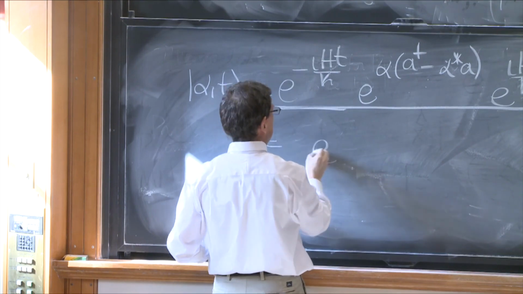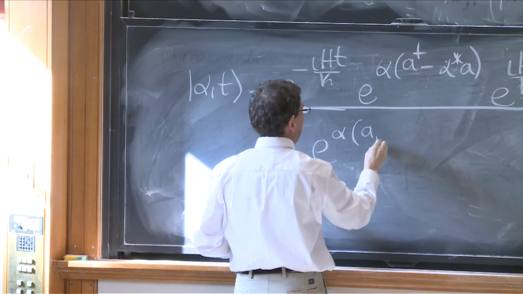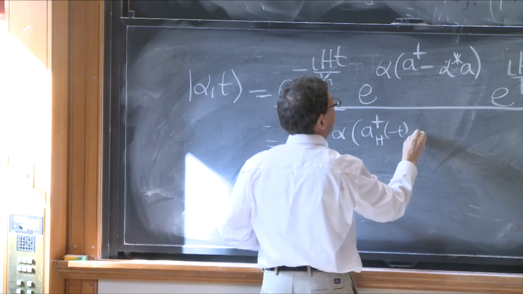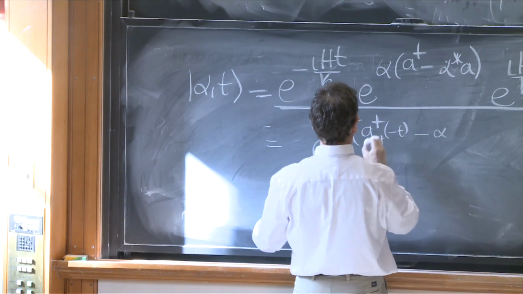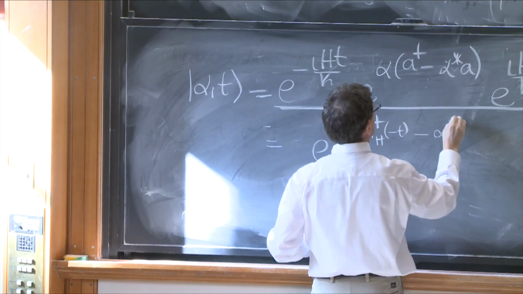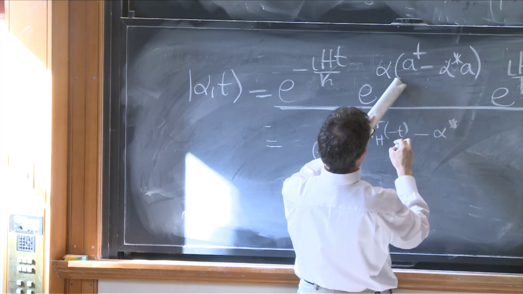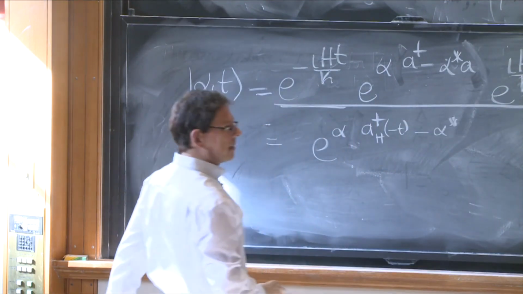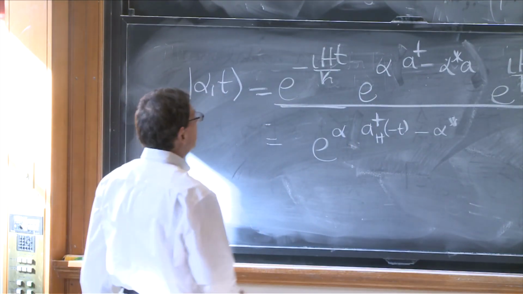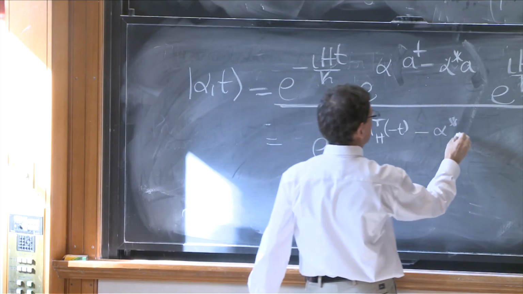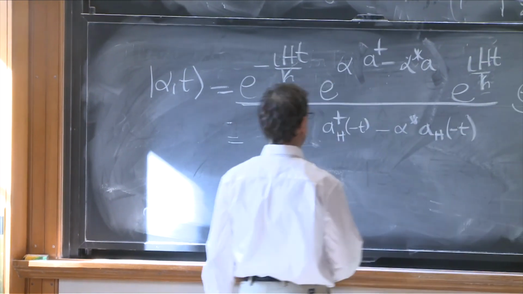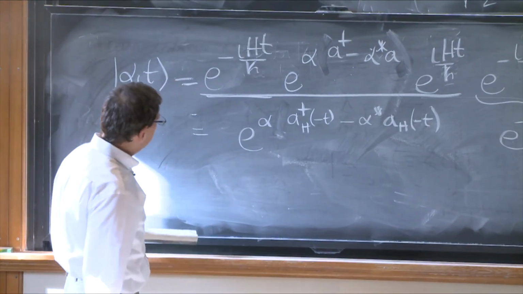So this is e to the alpha a Heisenberg at minus t dagger minus alpha star a Heisenberg of minus t acting on this thing. I'm sorry, I have too many parentheses here. That's it, much better.